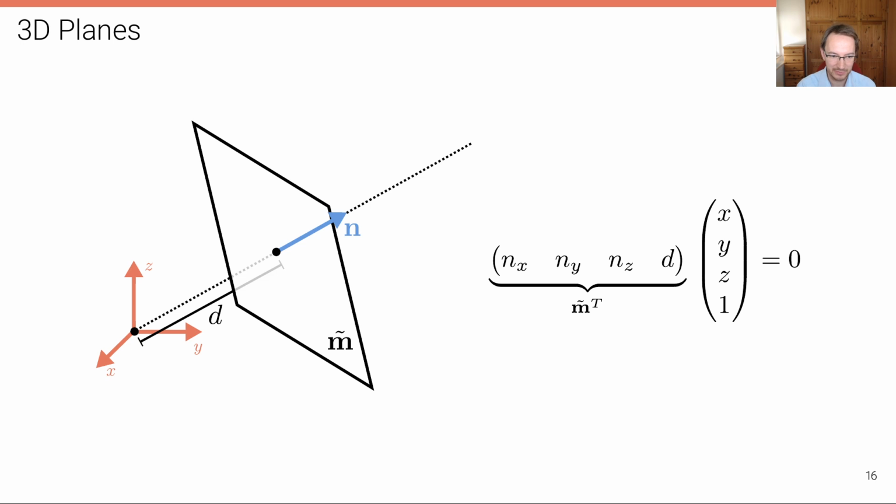I just directly have the illustration here for planes, but it's the same, just one dimension higher. So what we have here is this coordinate system, and we have this plane here, which is at distance d from the coordinate system if this n vector is normalized to 1, and then n corresponds to the normal of that plane.